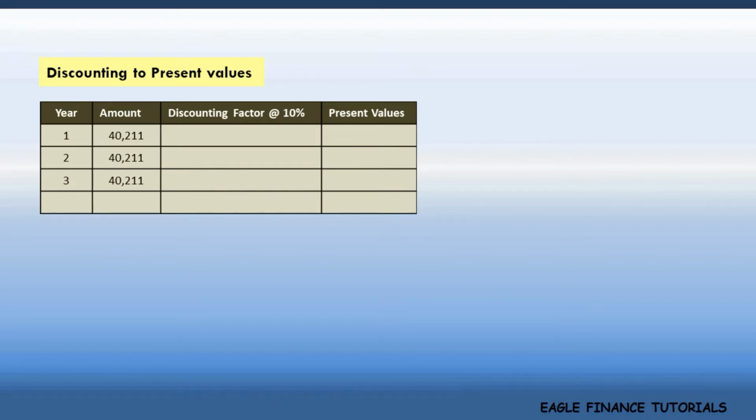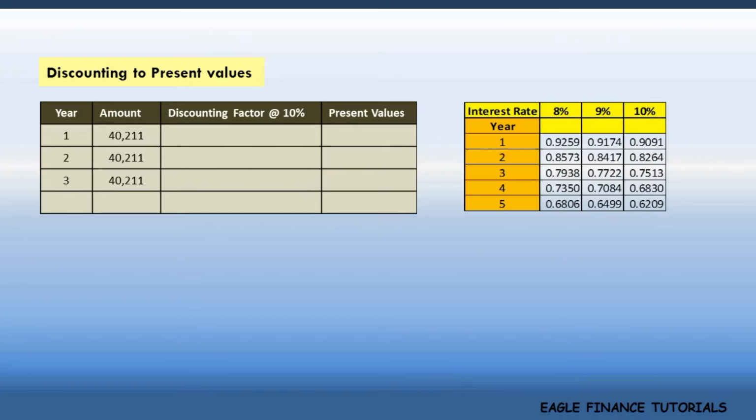As for the discounting factors, we pick up the present value table. On the table, we look up the column showing the factors for 10%, the rows showing the factors for years 1, 2, 3. These are the discounting factors at 10% for each of the years 1, 2 and 3.